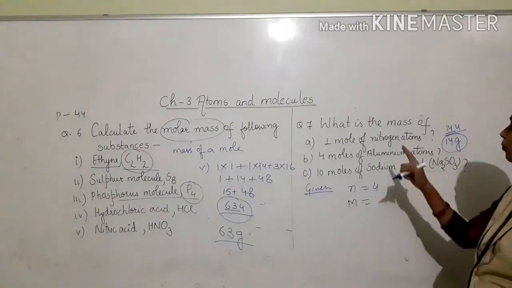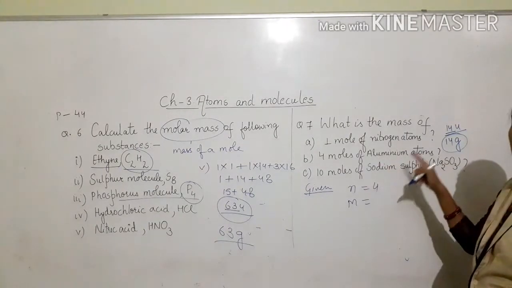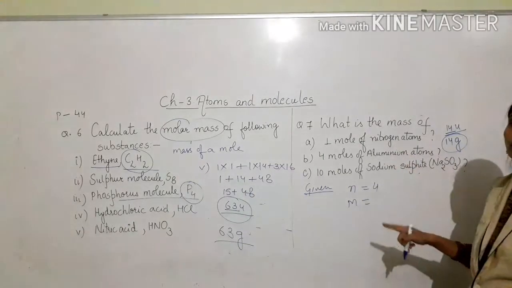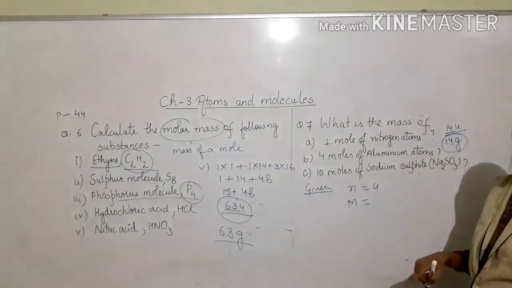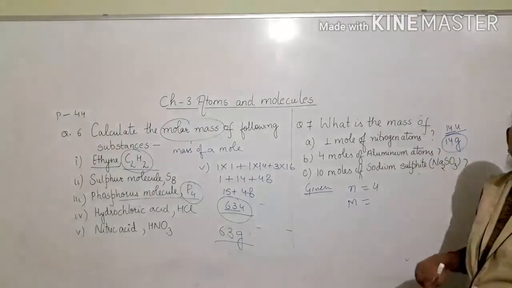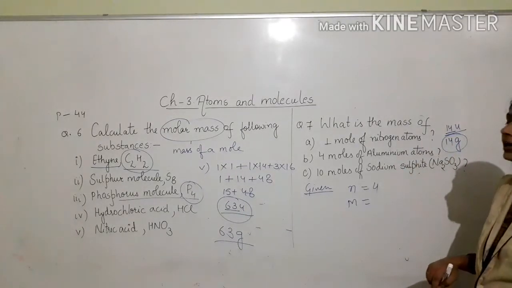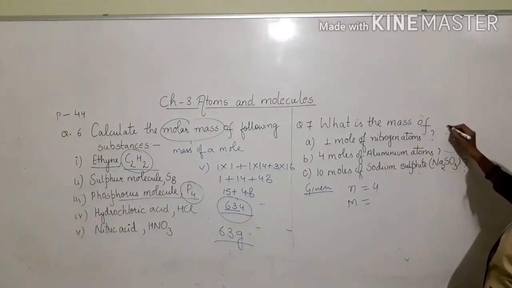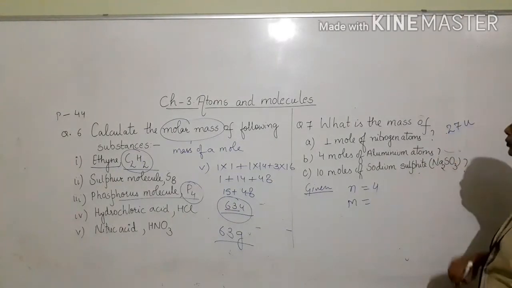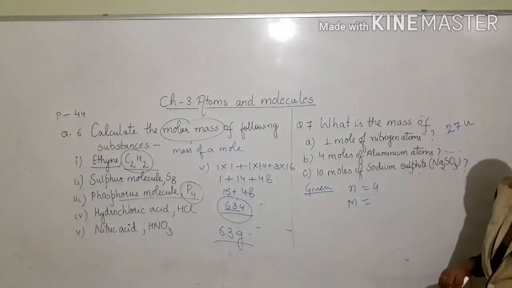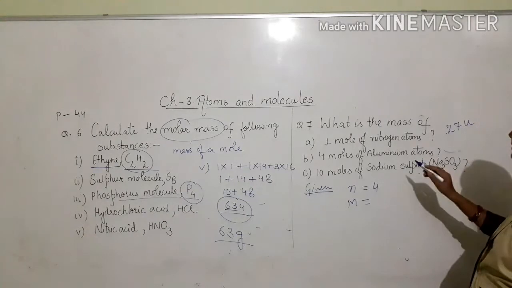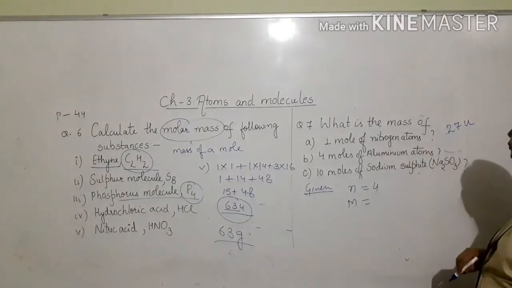Means moles of which kind of particles are given? Moles of aluminium atoms are given. Moles of atoms are given. So, first of all, we will calculate its atomic mass. That is 27 U. Aluminium atom has 27 U mass. So, its atomic mass is 27 U.